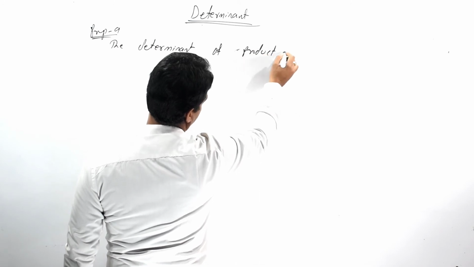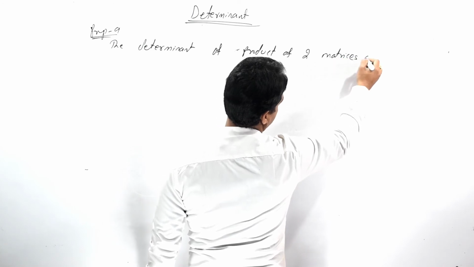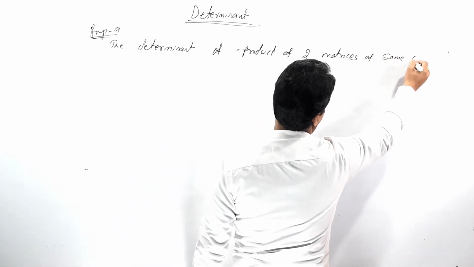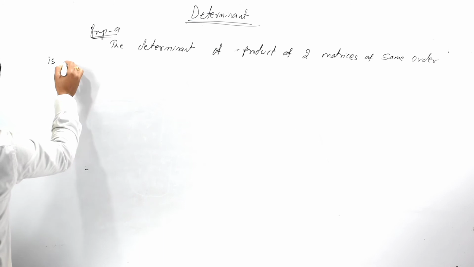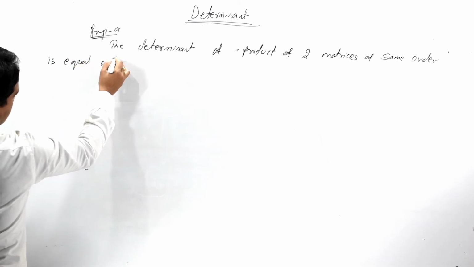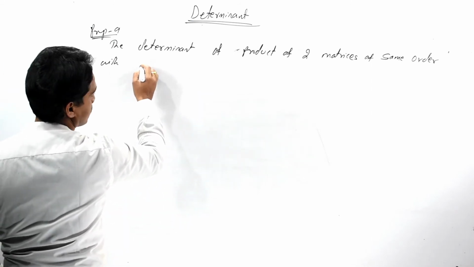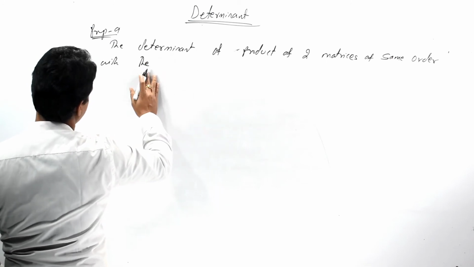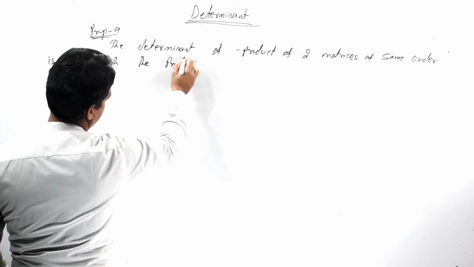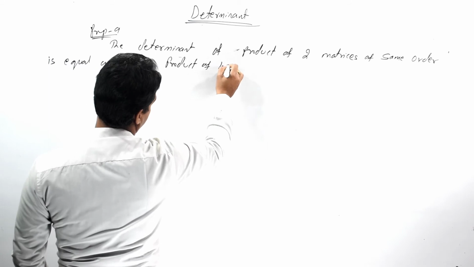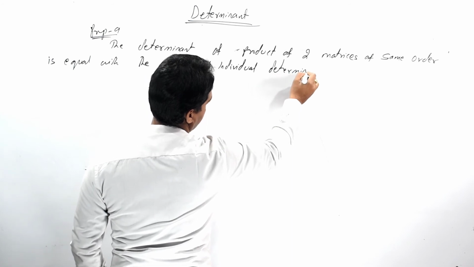The determinant of the product of two matrices of the same order is equal to the product of the individual determinants.